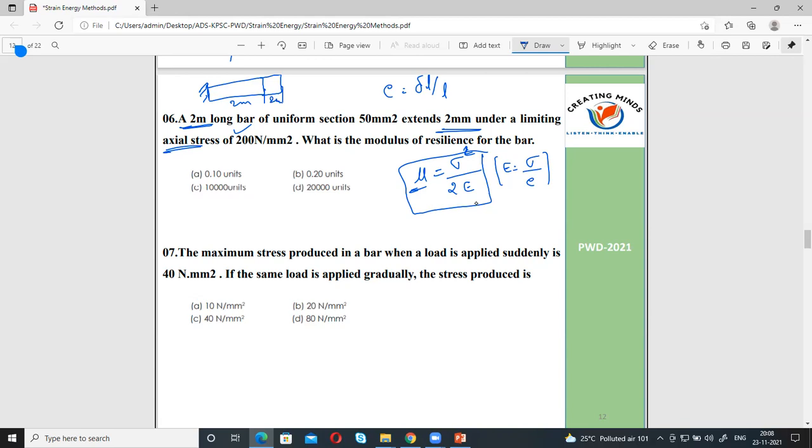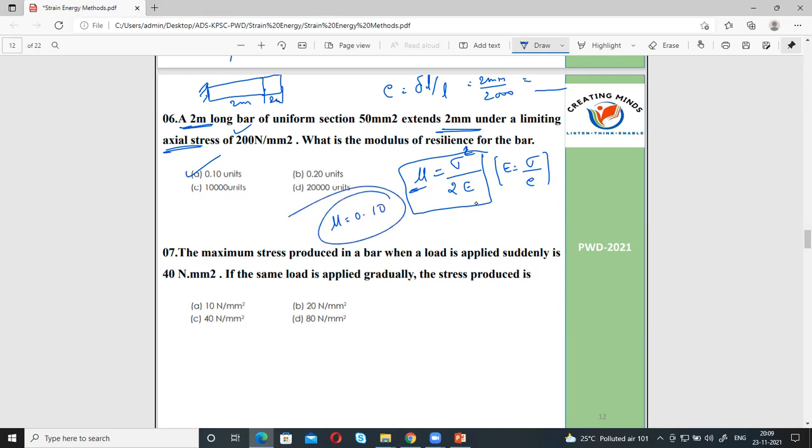So delta is 2 mm divided by 2000. How much are you getting? That is E.